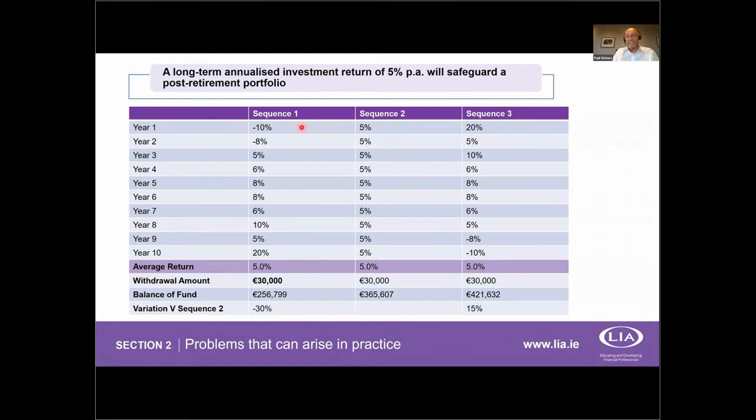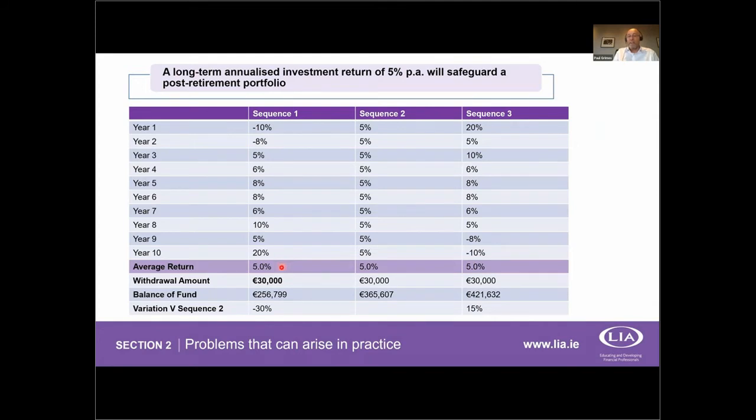So what I have then, either side of this core sequencing model, are 2 alternative models. This one here works on the basis of the investment losing money in the initial couple of years, 2 down years, -10%, -8%, and then a prolonged period of a sequence of growth, culminating in a 20% return in the 10th year.